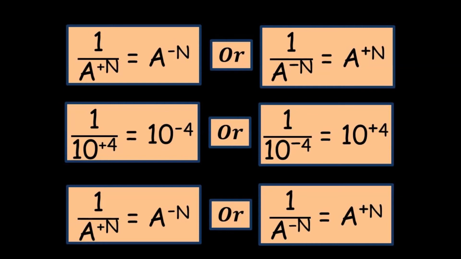So if 1 over a is the base, I'm going to take the reciprocal of 1 over a, and that's a. So the additive inverse of n will be negative n. The additive inverse of positive n is negative n, etc. So look over this particular diagram and you'll see specifically how important it is for you to use this rule.